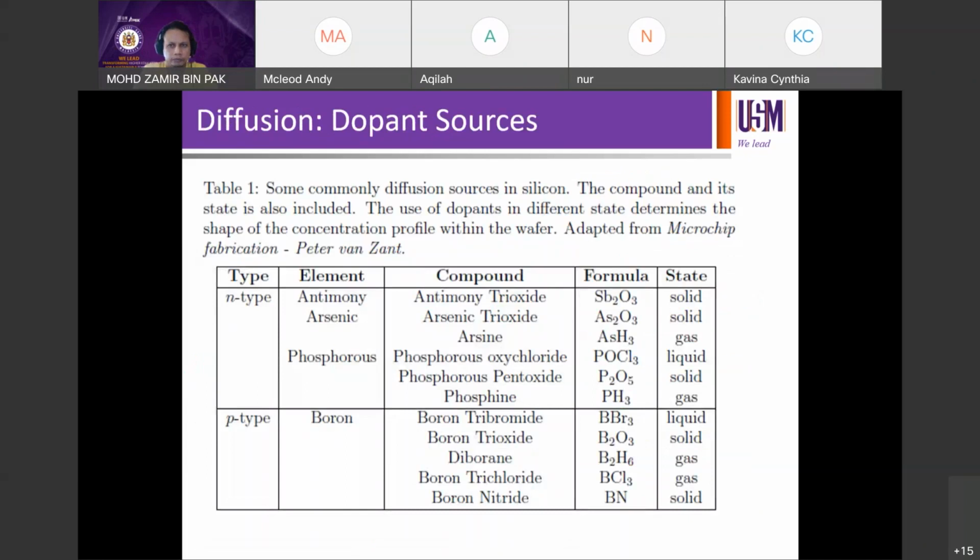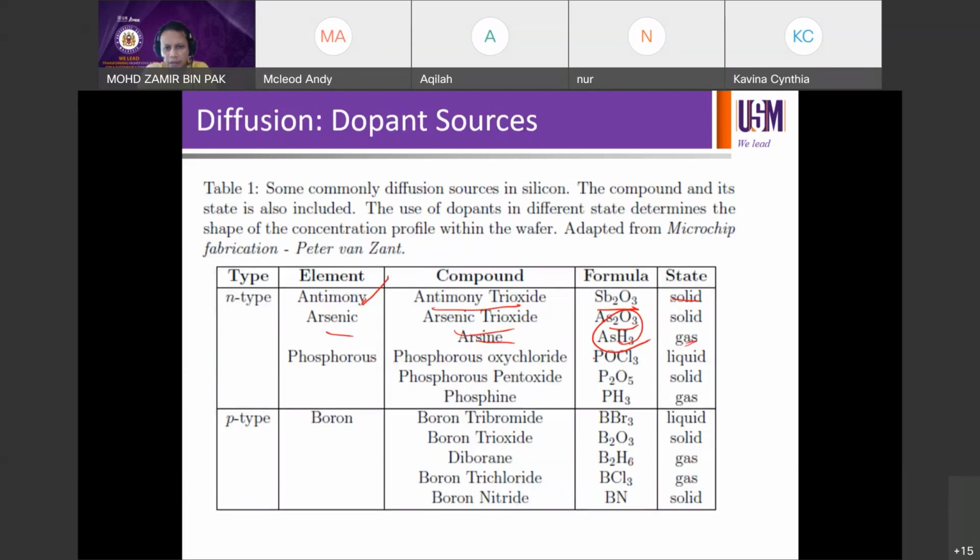Some common dopant sources for n-type: if you want to incorporate antimony, typically we use antimony trioxide in solid form, Sb2O3. Arsenic: As2O3, or arsine in gas form, AsH3.